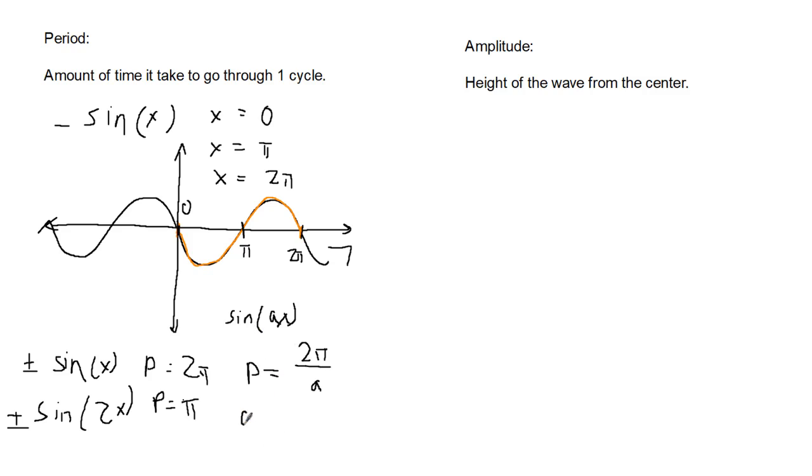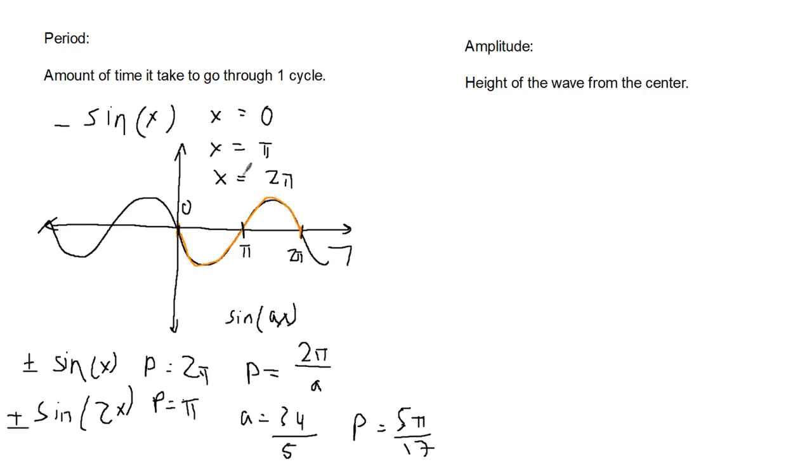So if a is equal to, I don't know, a nasty number like 34 over 5, then the period would be equal to 5 pi over 17, if I calculated that right. Yeah, every 5 pi over 17 would be the period. That's a really fast period.